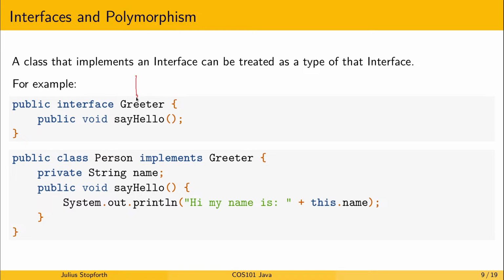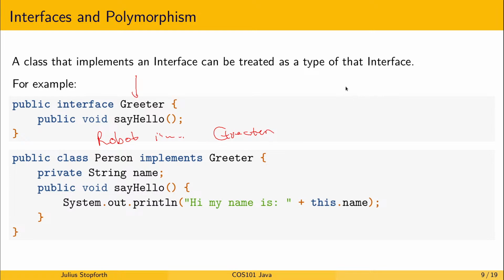We have the interface of a greeter, which has the say hello method, and then a person can implement the greeter interface. And then we implement that method. So we can have a person that's a greeter, and then we can have a robot class that also implements a greeter, right?